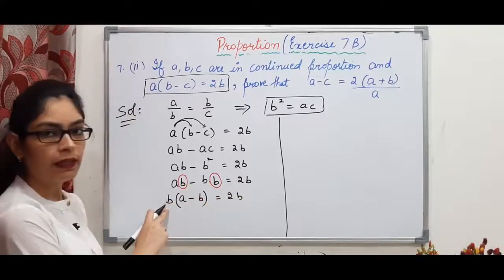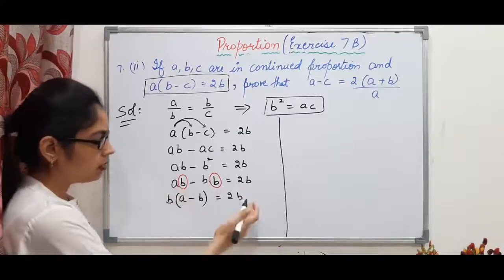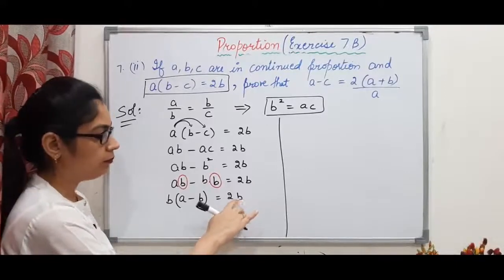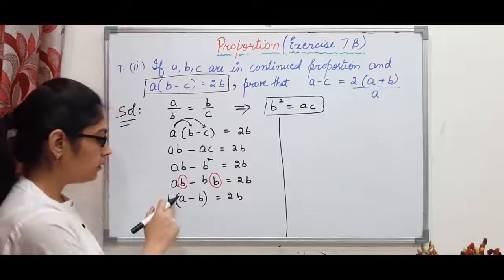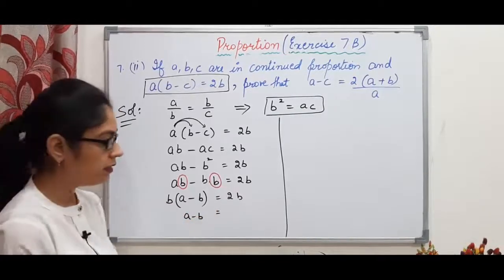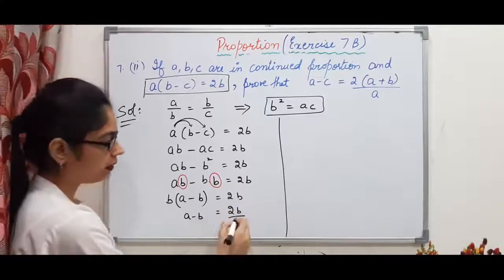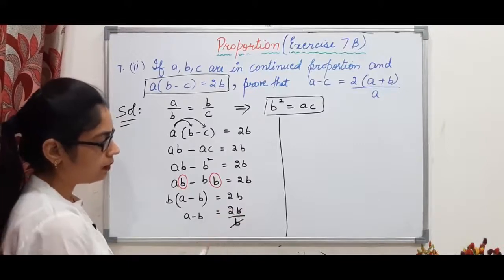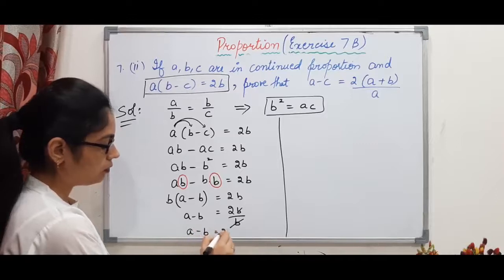Now this b is getting multiplied with a minus b, so we will shift it to this side. The other reason is that here also I have a term which has b, so like terms let's write together. Multiplication on changing the side gets changed to division. So b and b will get cancelled, so a minus b is equal to 2.